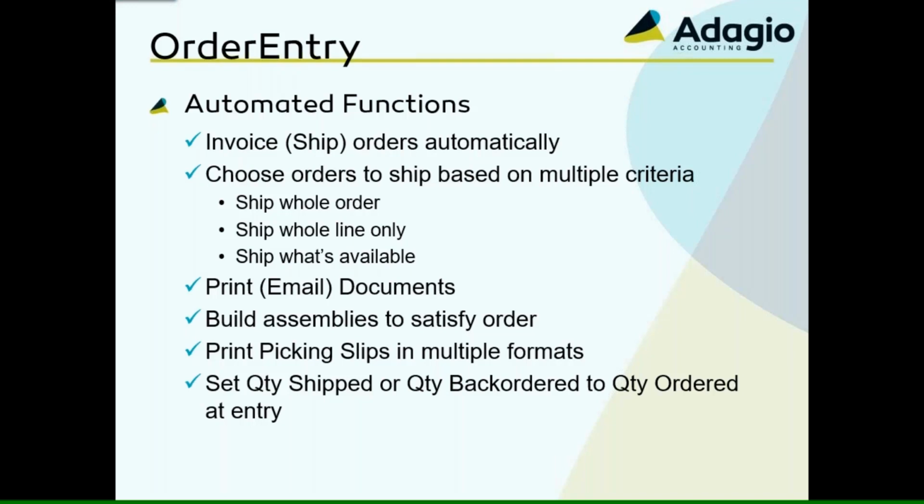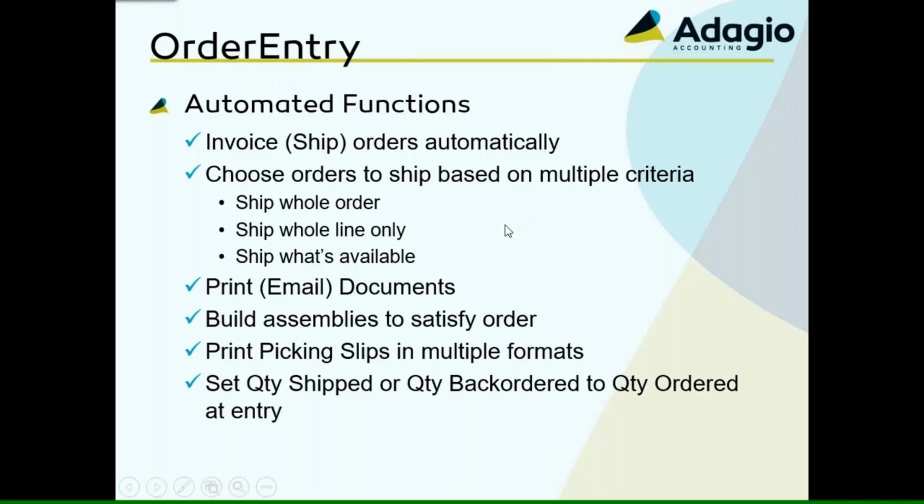So if I have 3 bicycles in inventory and the order was for 5, then it would ship the 3 bicycles that you have and leave 2 on back order. And you set the customer requirements. Some customers will say only ship a complete order, and other customers will say only ship full lines on an order, don't partially ship an order, because our shipping department can't deal with a partial receipt.